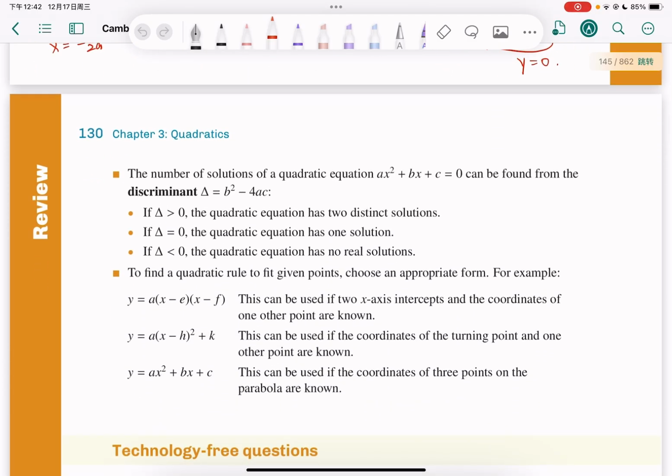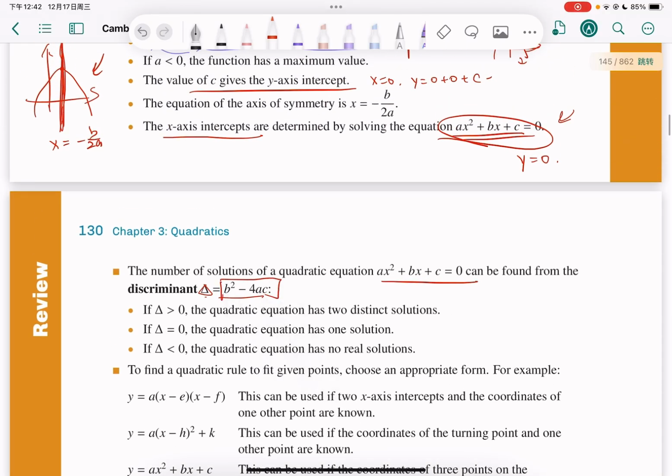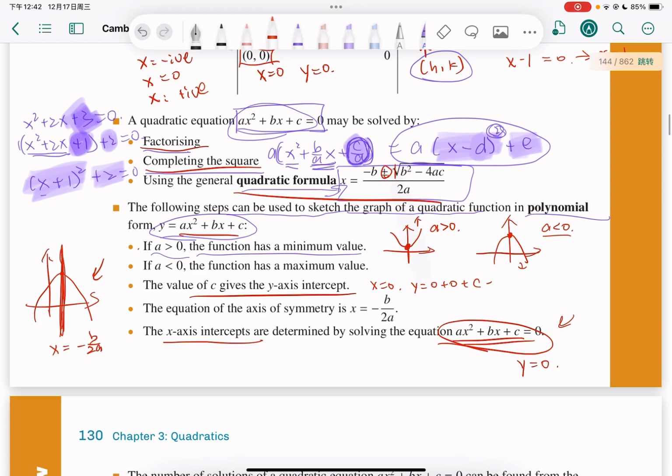The number of solutions of a quadratic equation can be found by the discriminant. So this delta is defined as b squared minus 4ac, and it is the same as the part here. So why do we normally have 2 solutions? It's because of the plus and minus sign over here.